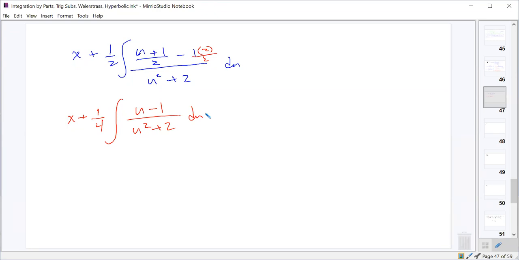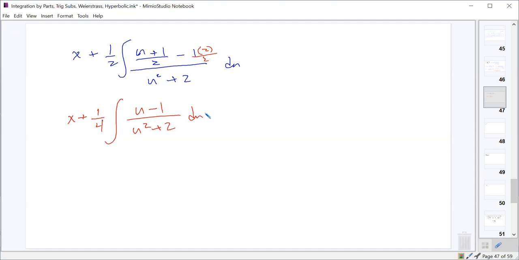Yeah. Okay. And how will we deal with this? Partial fraction decomposition. That'd be a good idea, except that u squared plus 2 doesn't factor, does it? Can't we split it into two? Yeah, we're just going to separate it into 2.